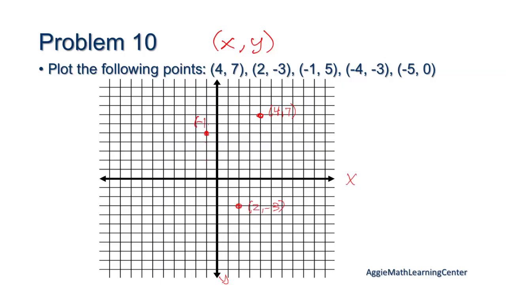Perfect. And 4 on the left and 3 down. And then just 5 to the left and keep it on the line. Perfect.